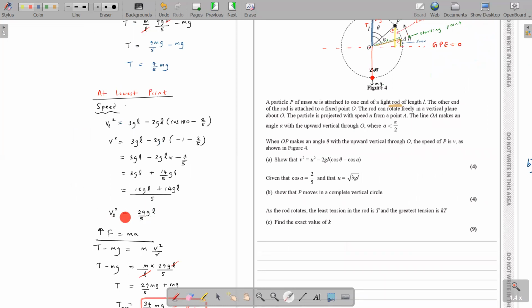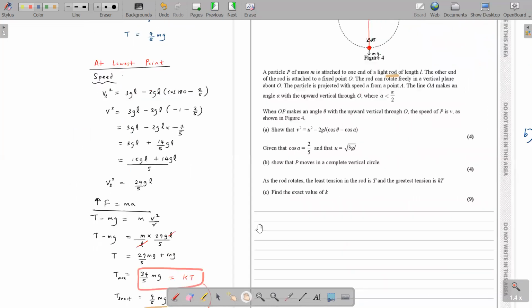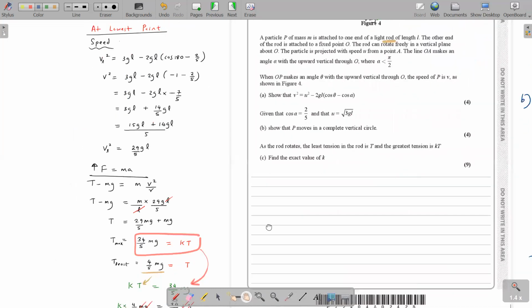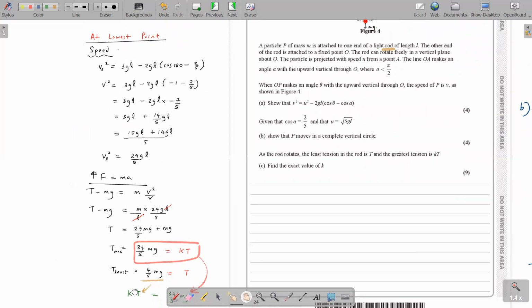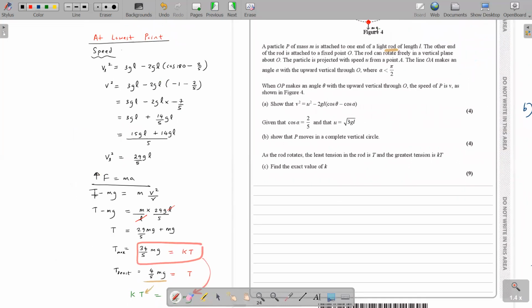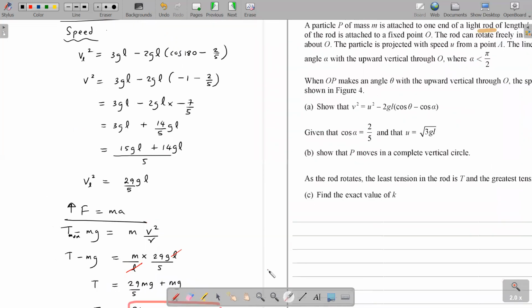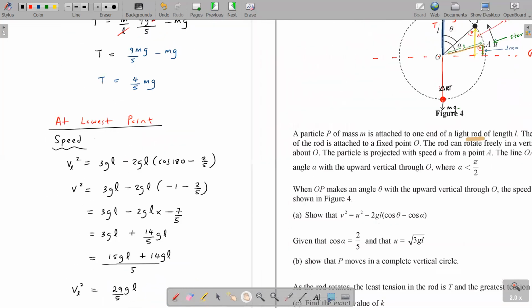Then we apply F equals ma at the lowest point. When you apply F equals ma, the force towards the center is the tension, the maximum tension, which I'm calling kT at the end. Minus, you can see I'm subtracting the weight.